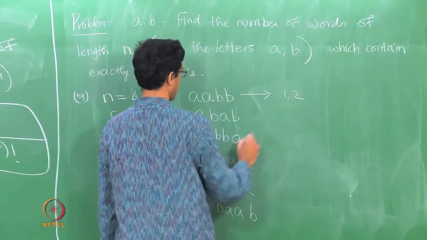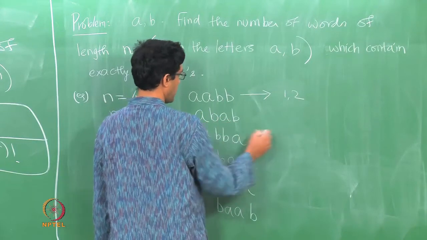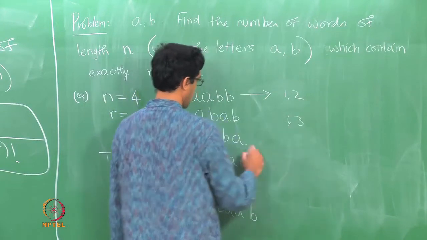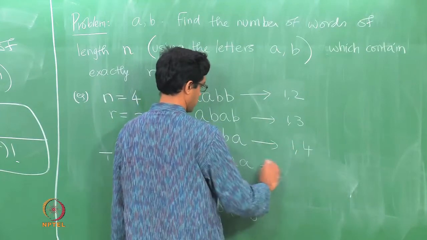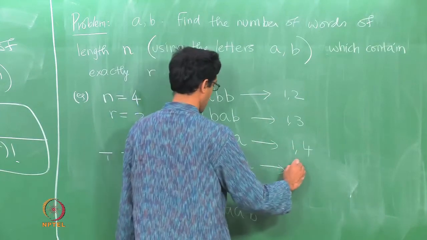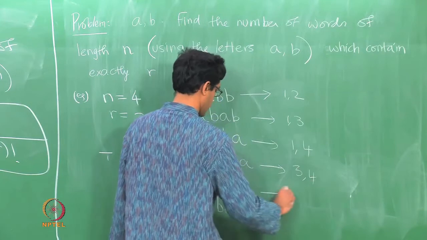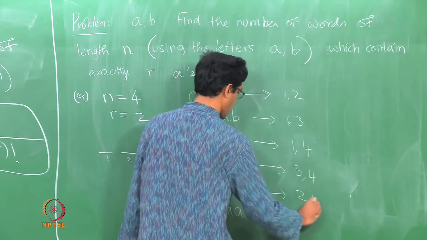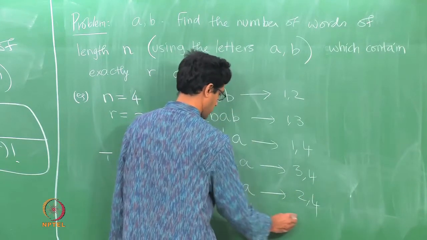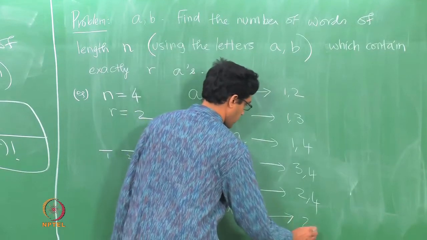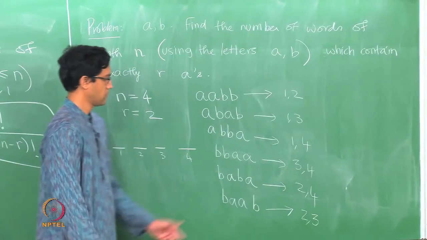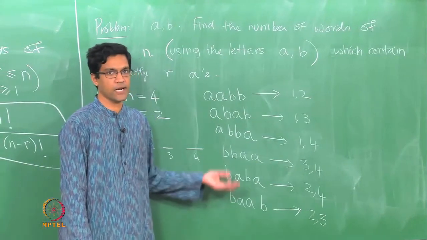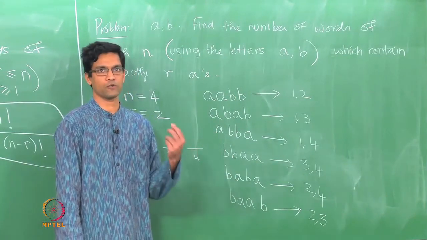So I think of it as 1, 2. ABAB has A's in positions 1 and 3. This has A's in positions 1 and 4. This has A's in positions 3 and 4. This is 2 and 4. And this has A's in positions 2 and 3. Okay. So a word like this is really the same thing as a choice of 2 positions.